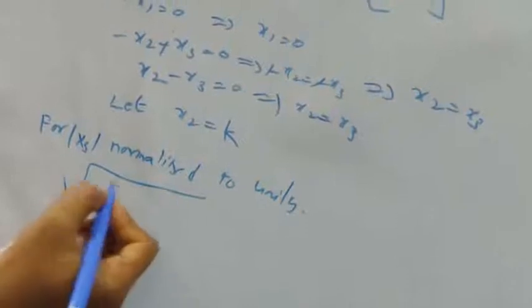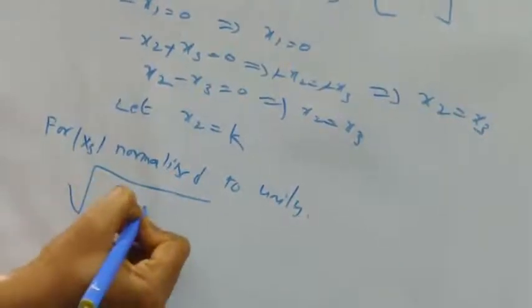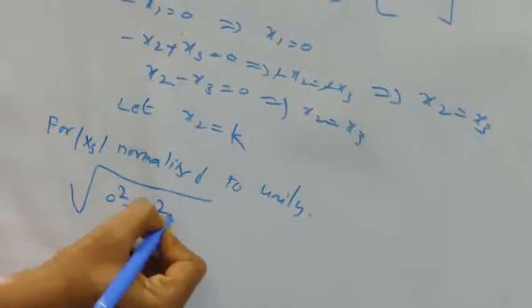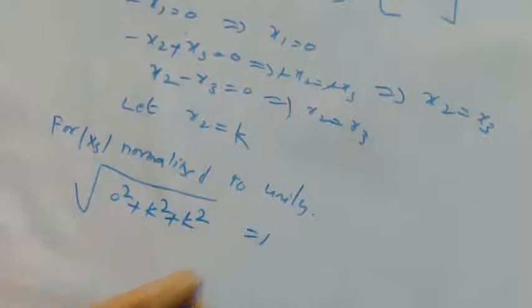So here x1 square is nothing but 0 square, x2 square is k square, x3 square is k square, equal to 1.